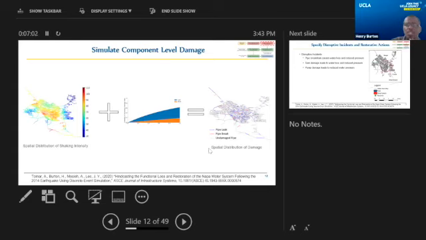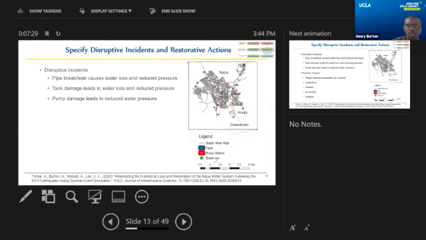Without going into too much detail, simulating the spatial distribution of earthquake damage for a given scenario is a pretty well established workflow. Given the spatial distribution of shaking intensity, coupling that with our fragilities, we can simulate the spatial distribution of damage.